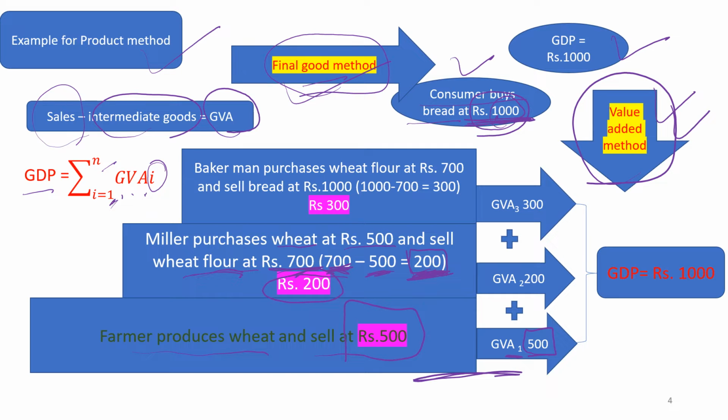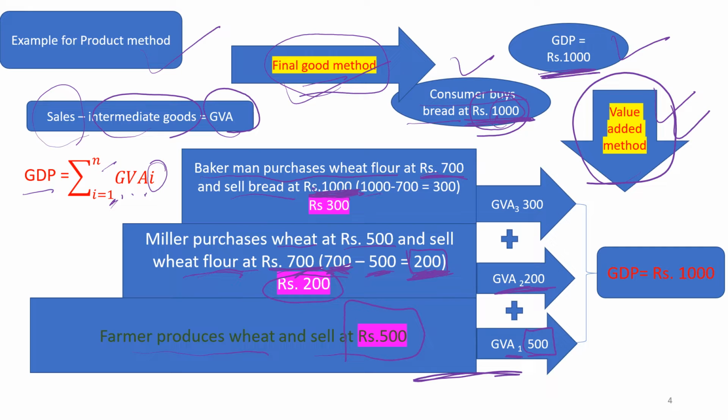So you should add 200, because the miller adds 200 by converting wheat into wheat flour. In a similar manner, the baker purchases wheat flour at 700 rupees and sells bread at 1000 rupees to the consumer. If you consider the final goods method, then the bread is 1000 rupees and GDP is rupees 1000.